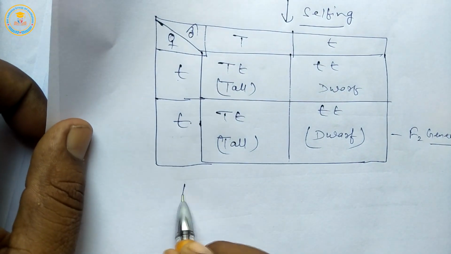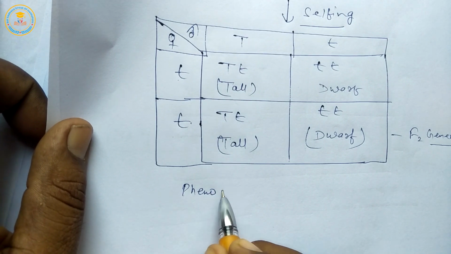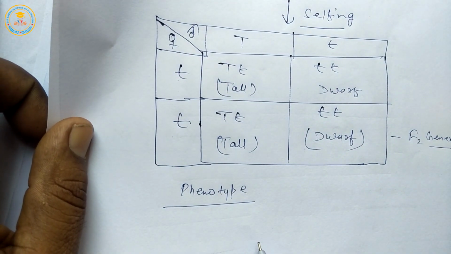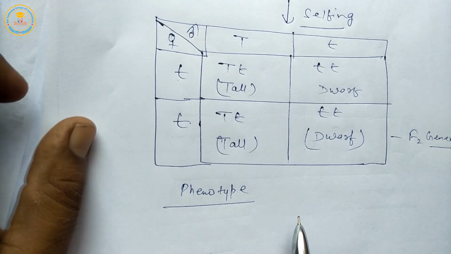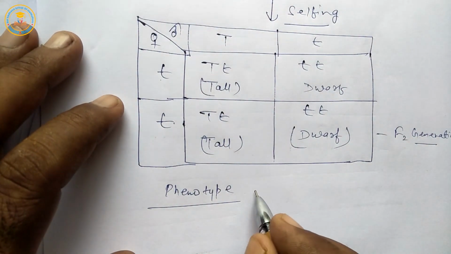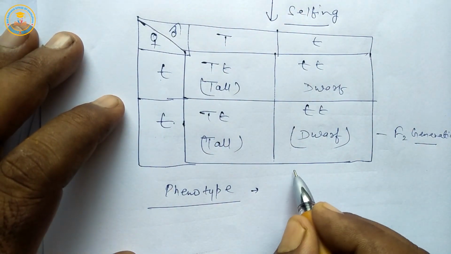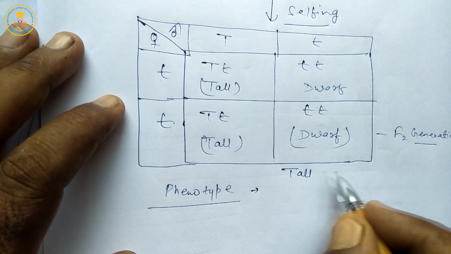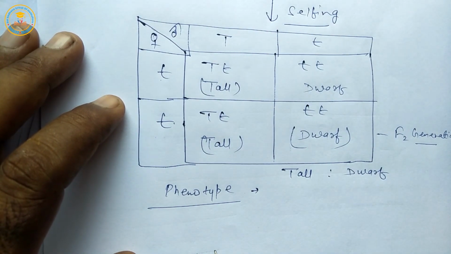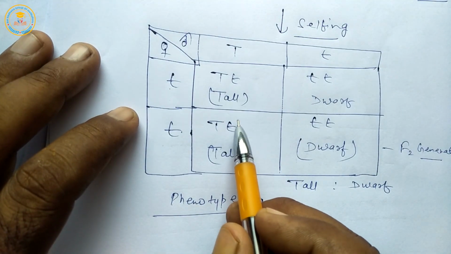Next is phenotype. It means external appearance. Phenotype is, first, tall plant, second is dwarf plant.